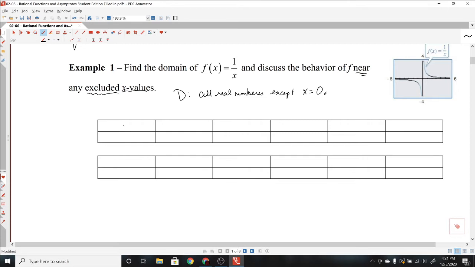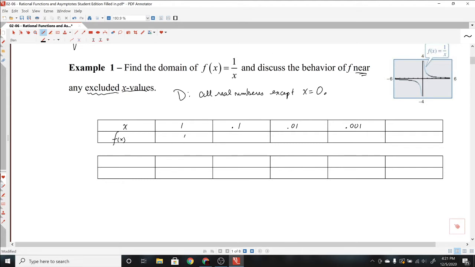So what I want to do is take x values near 0, but not 0. We're going to start with 1, and then maybe 0.1, and then 0.01, and then 0.001. Let's take a look at what f of x is if I do that.